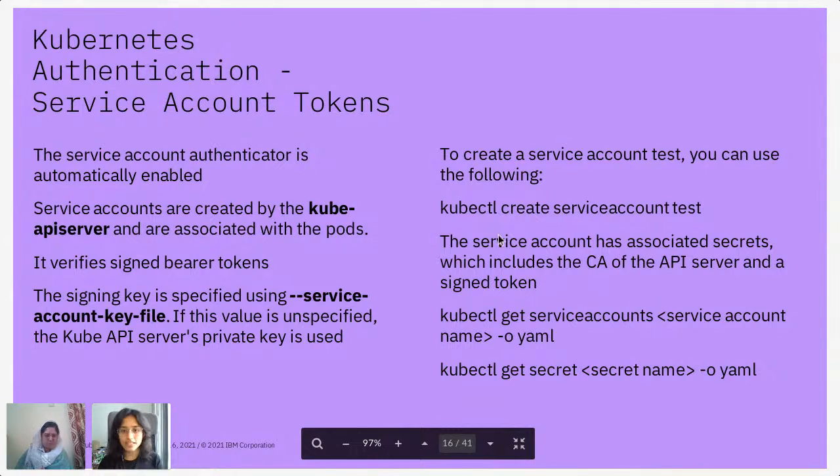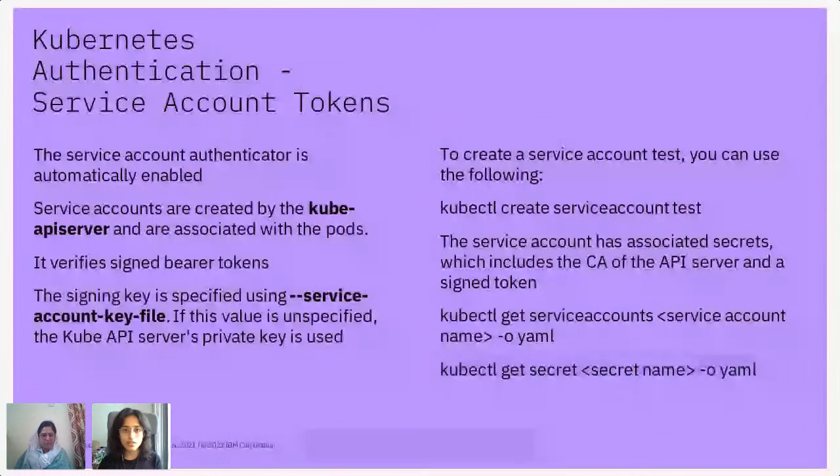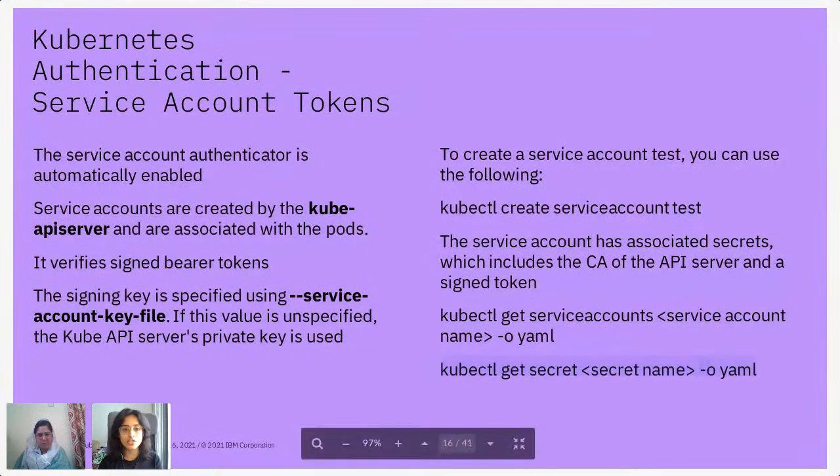So that's what you're seeing in the example here. You're seeing kubectl create service account test. You can get the service accounts and get the secret, right? So that's the first way of using tokens with service account tokens. We'll see an example later as well where we have the creation of service accounts and role bindings. When we get to authorization, I'll show you that.